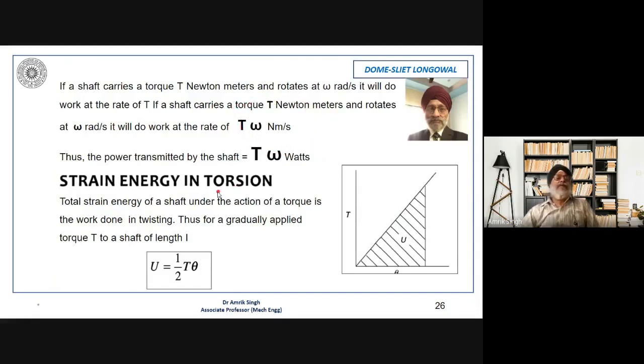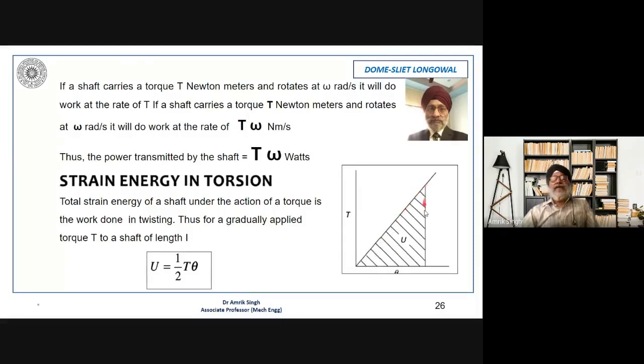Okay. Now, what is the strain energy in torsion? The torque produced is proportional to the angular deformation or angular twist. Initially the angle of twist is 0. As we increase the torque, the angle of twist goes on increasing.